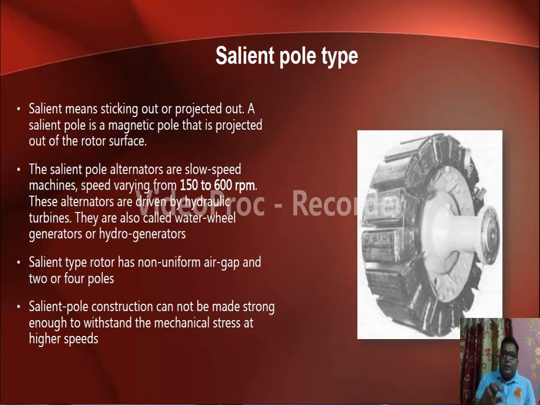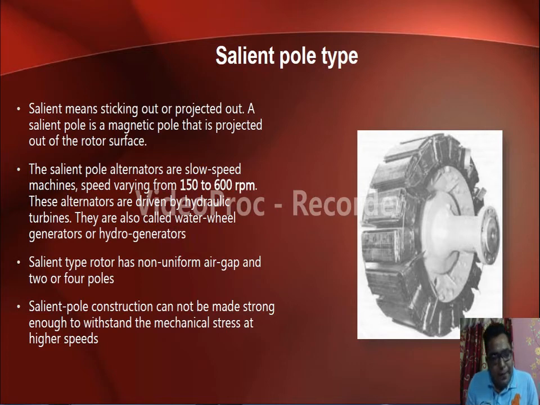Now the outer shell of the salient pole is radial in shape, like a half circle. Then whatever EMF is induced will be sinusoidal in nature. So intentionally this kind of structure is given to the salient pole machine so that we can generate sinusoidal energy from there.